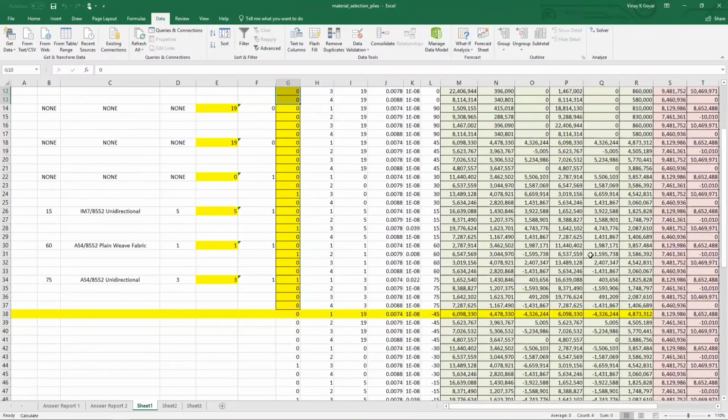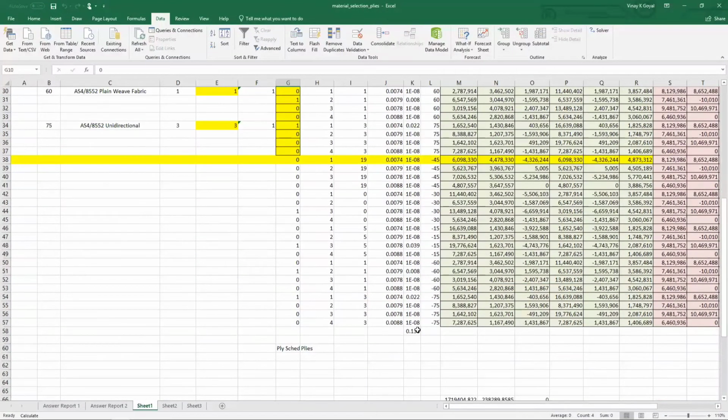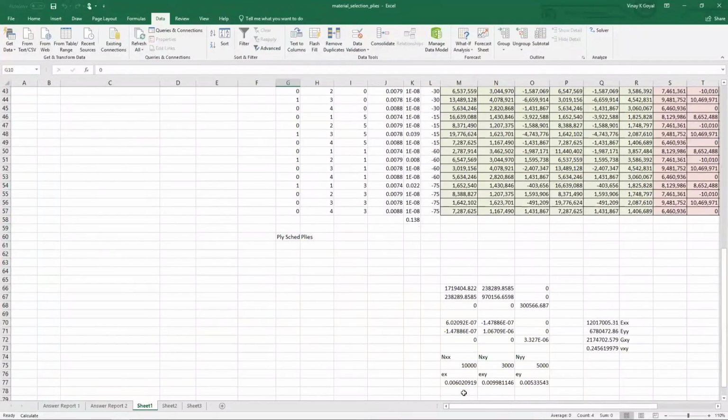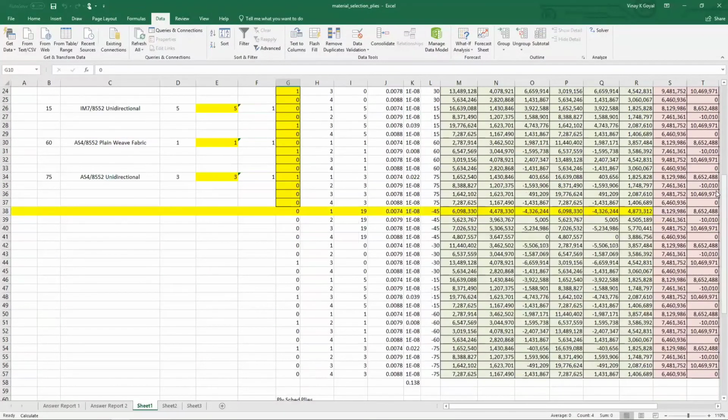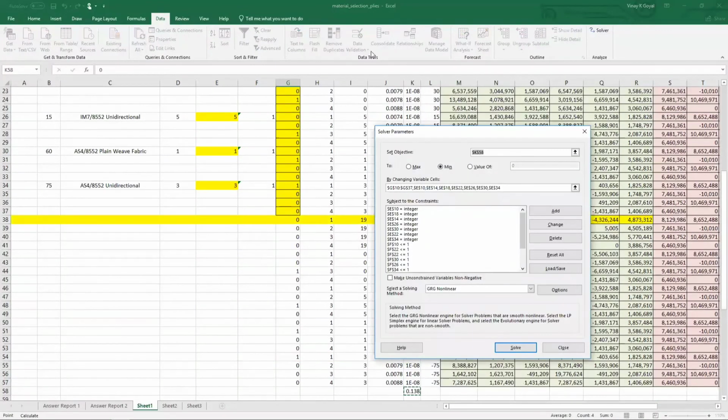It wants us to use IM7, AS4, and so forth. And what you see here is that the thickness even got shaved a little more, 0.138. And notice that we ran against the constraints, so we did a really good job there for this problem. So again, there's multiple solutions to be found. We could even hit the solver button again and see what will happen.